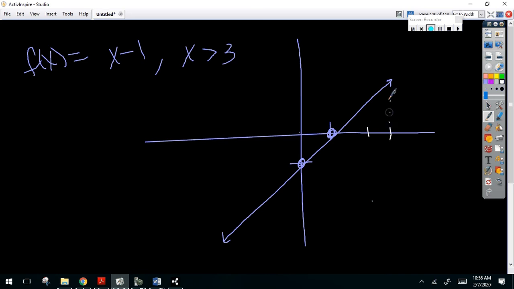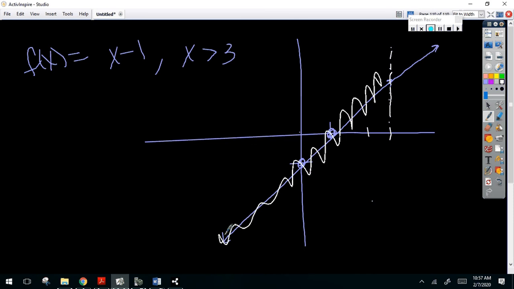So what it's saying is, from this little dashed line that I'm drawing on here, I only want the right side of it because I only want it when x is bigger than 3. So none of this is even relevant anymore, right? Yes, because we just need it here and to go off forever this way.